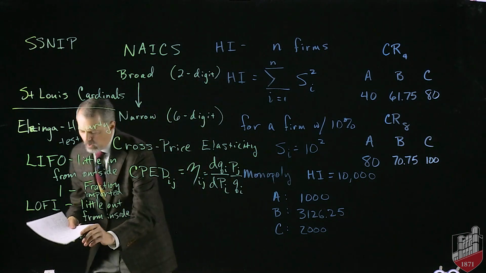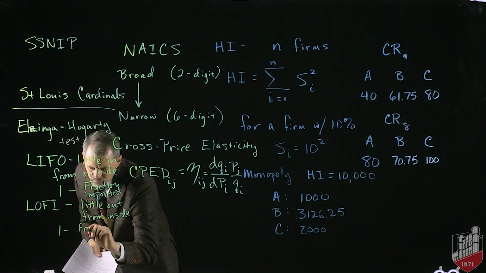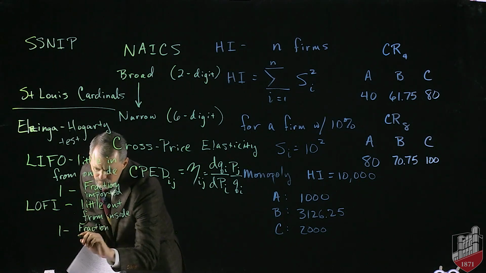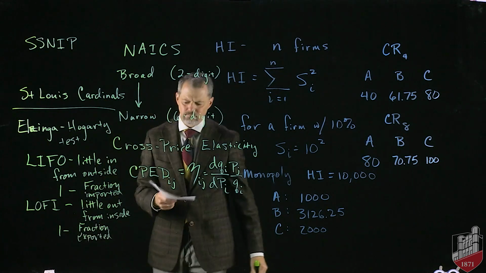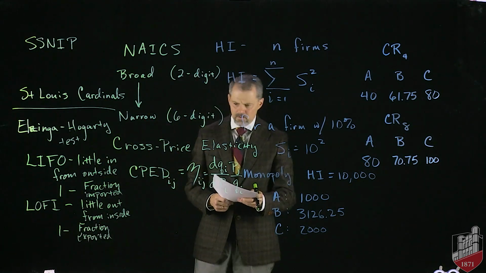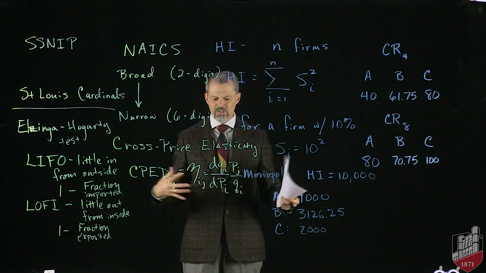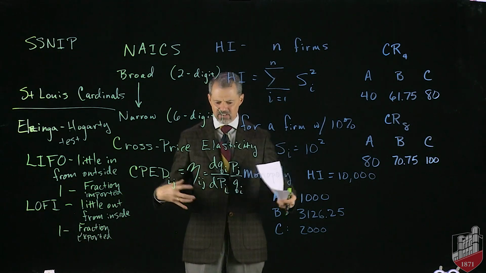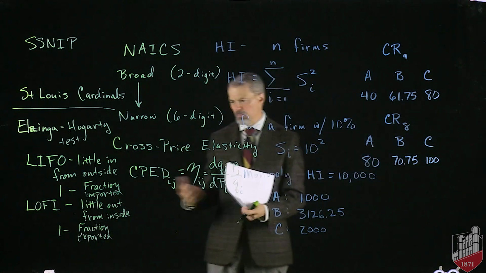This is 1 minus the fraction exported. So this tells you how much of the stuff that's produced in a particular geographic region is shipped out of that region. It's a measure of that.